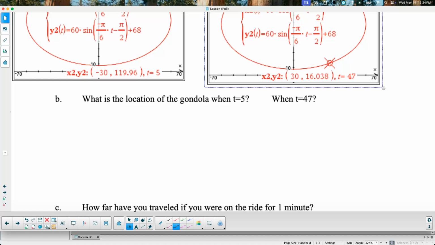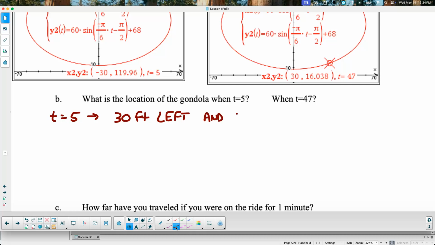So at 5 seconds, you're 30 feet left and 119.96 feet up.